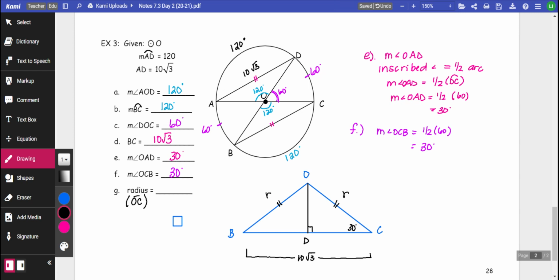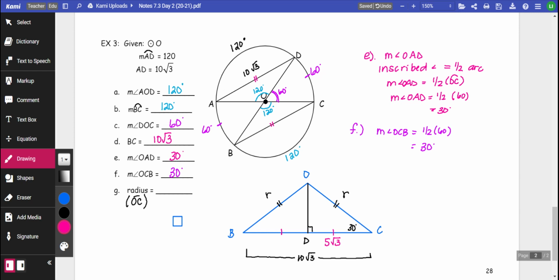Now, if I draw in an altitude in an isosceles triangle, it bisects the base. So segment CD is 5 root 3. Again, I'm looking for my radius, segment OC.